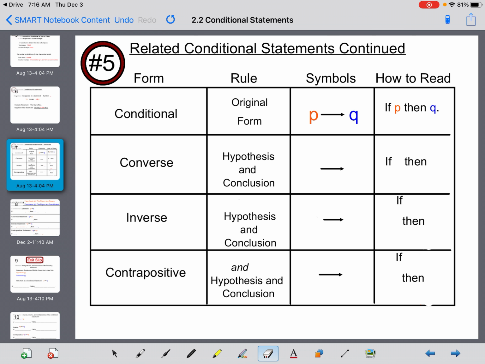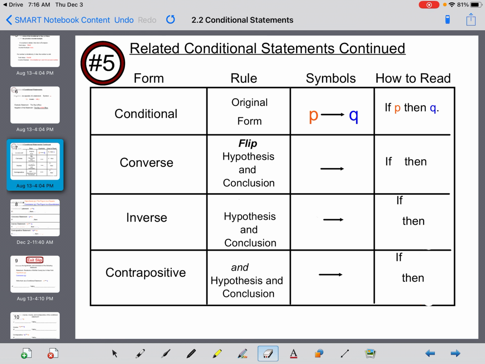Okay. Now, these definitions are ones you're going to need to know. Conditional statements are what we just reviewed. That's our original form: if P, then Q. Converse means we flip the hypothesis and the conclusion.